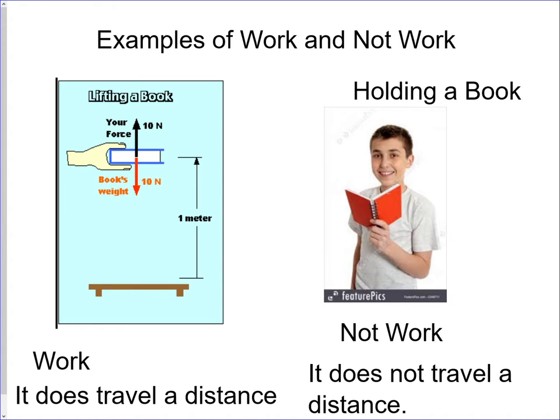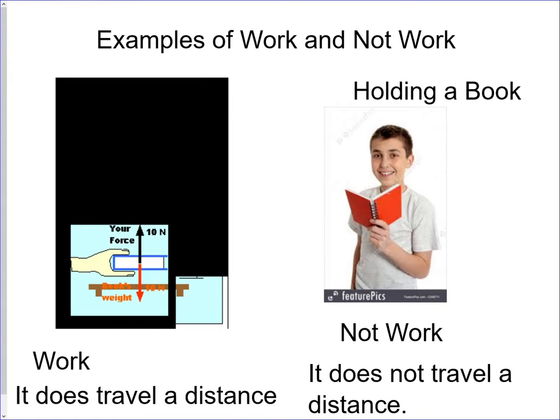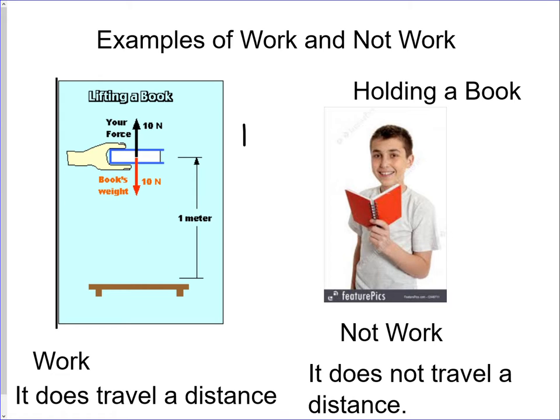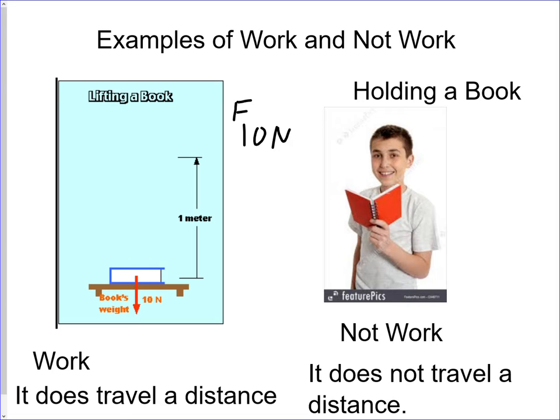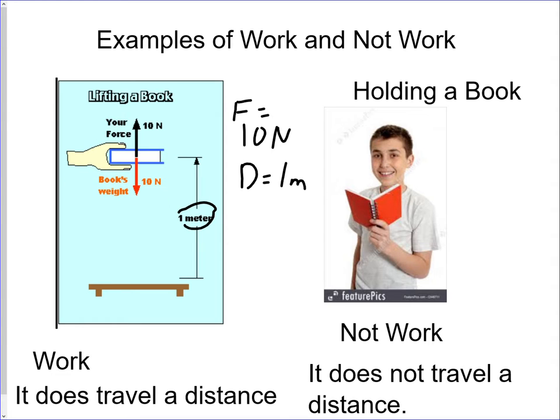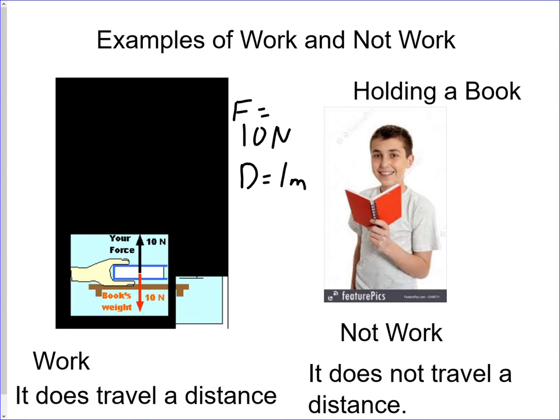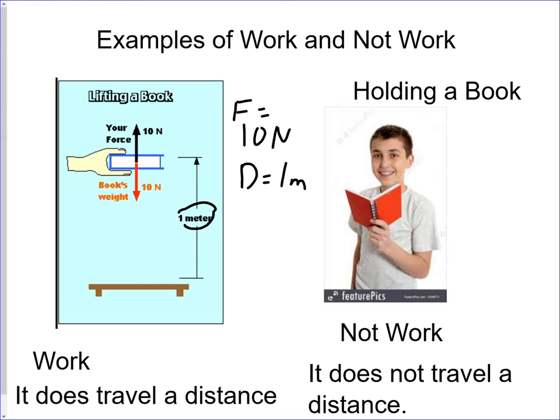If we look at this book, as it comes back down, we notice that the book's weight, or force, would be 10 newtons. That would be our force, and we also notice that this goes a distance of 1 meter. So if we have a force and we have a distance, that tells us that there is work. It does travel a distance, so it would be work.